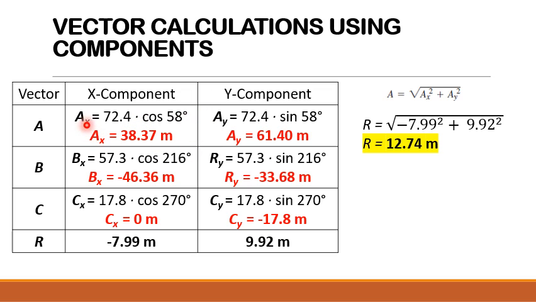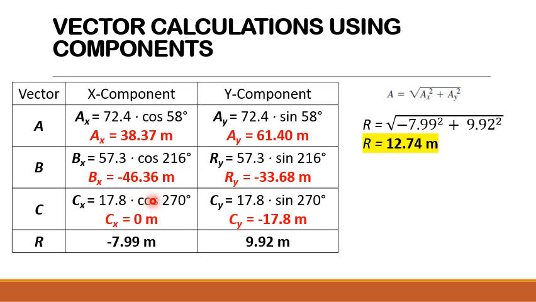So the x component of vector A is 72.4 multiplied to cosine of 58. The answer is 38.37 meters. For the y component, 72.4 multiplied to the sine of 58, the answer is 61.40 meters. And then for B sub x, 57.3 times cosine of 216.